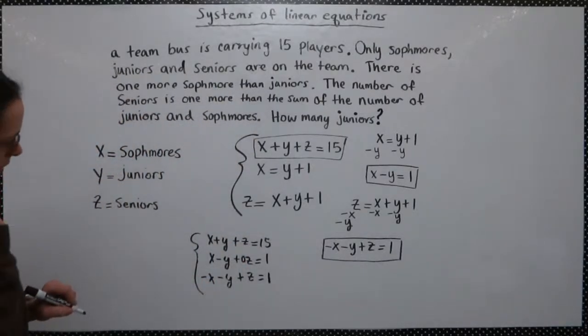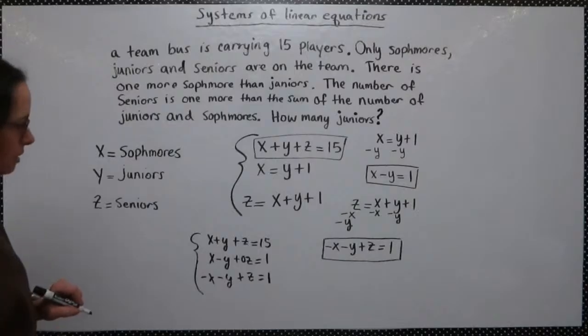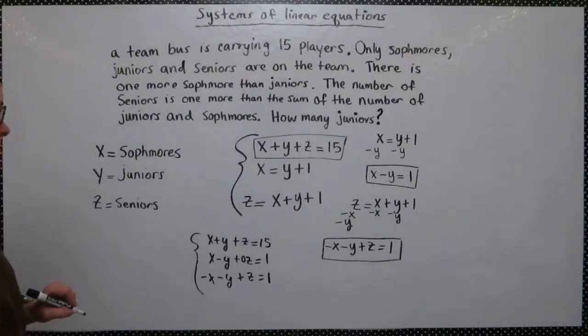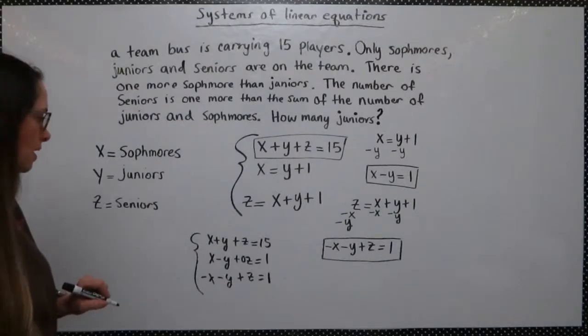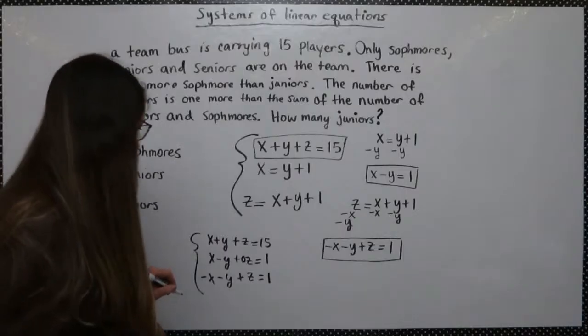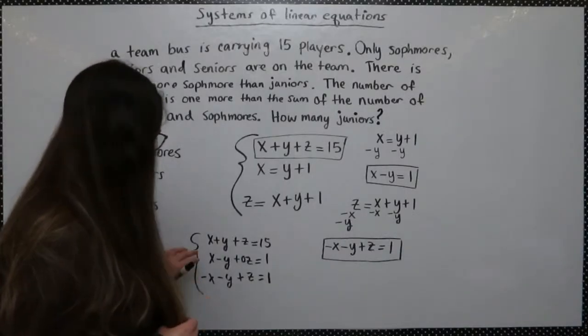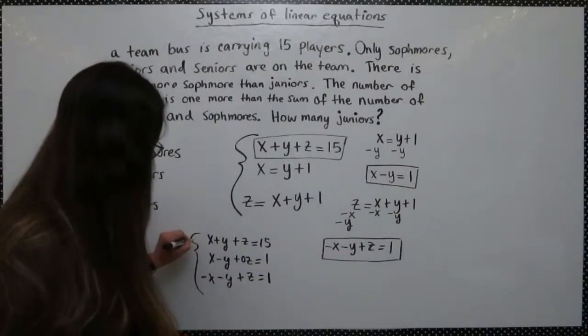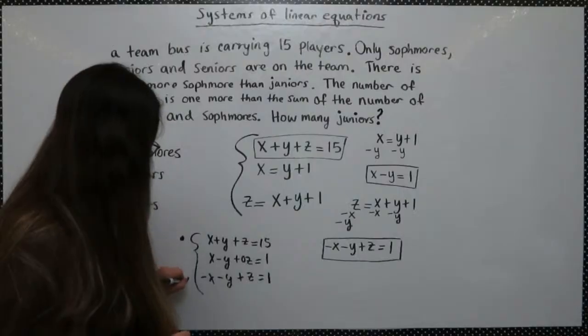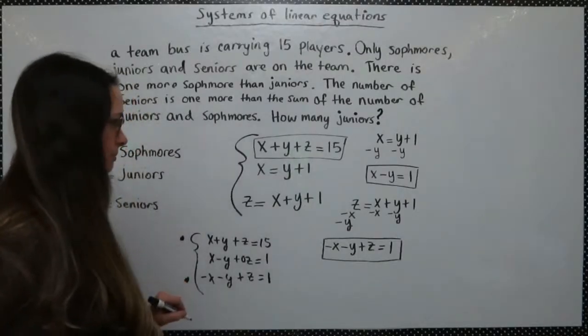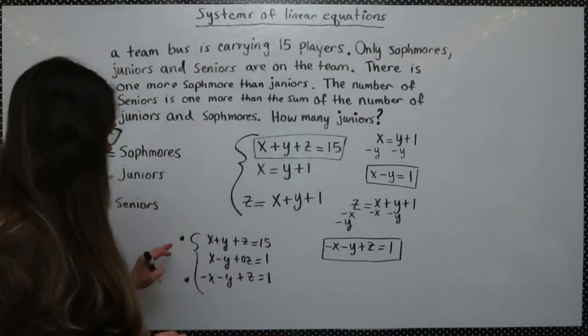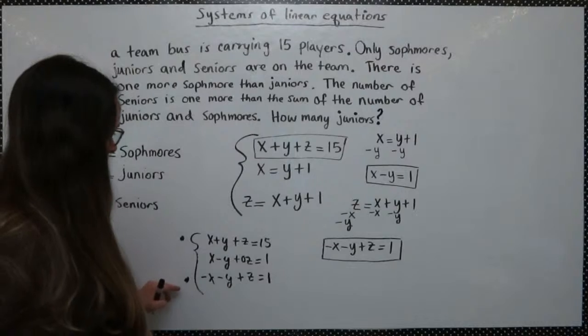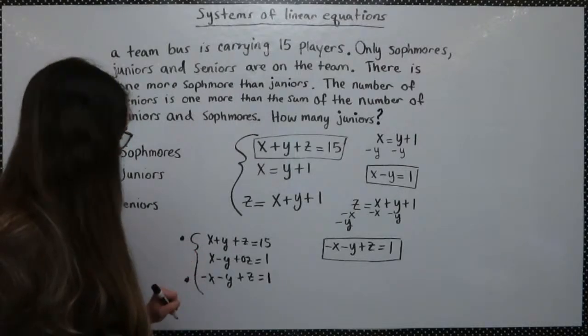And what I'm noticing here is I don't want to add all 3 equations, but if I add the first equation and the second equation, I won't have to multiply by any scalar. I can just add them together, and I will eliminate x and y out of those equations.